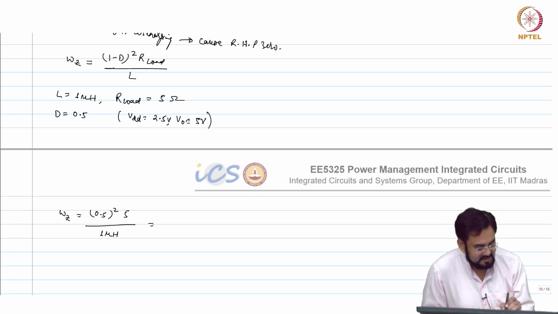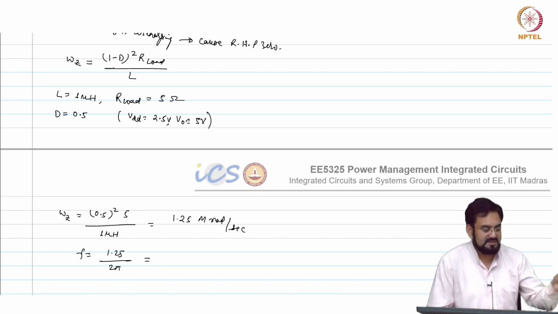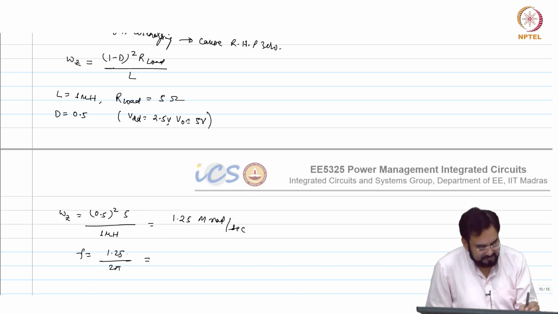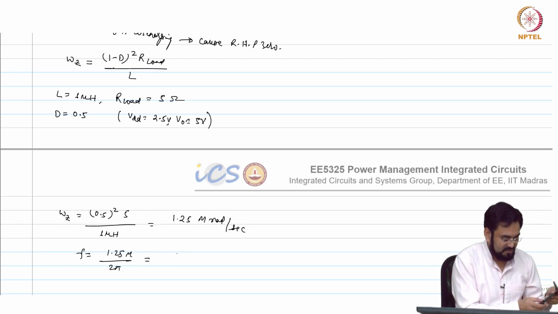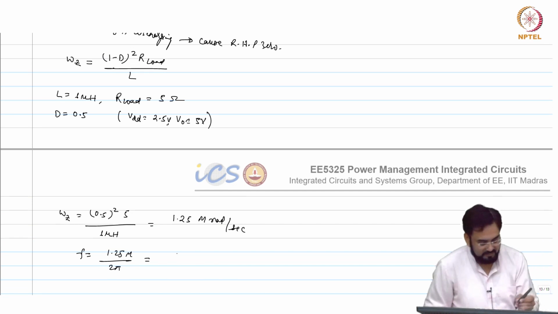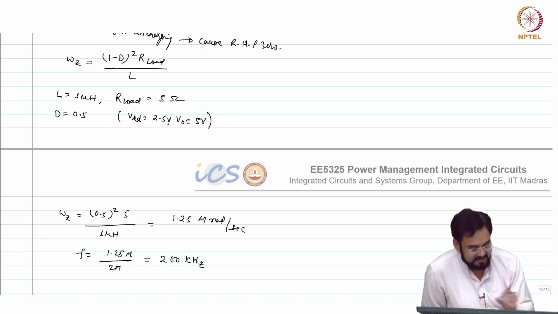So how much is this? 1.25 mega radian per second. So F is 1.25 over 2 pi. How much is that? 6.28. 1.25 divided by 6.28 is 0.2, so 200 kilohertz.